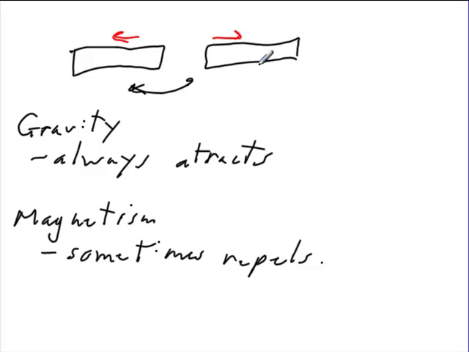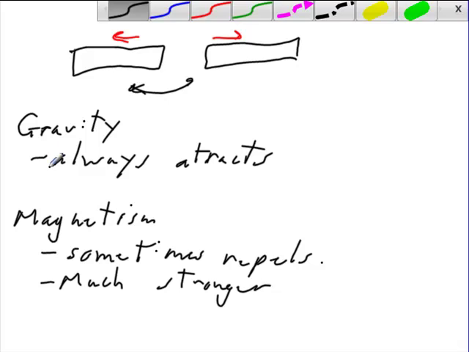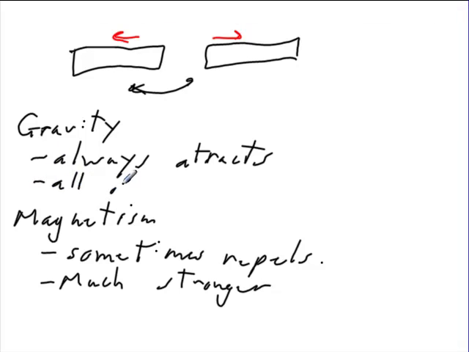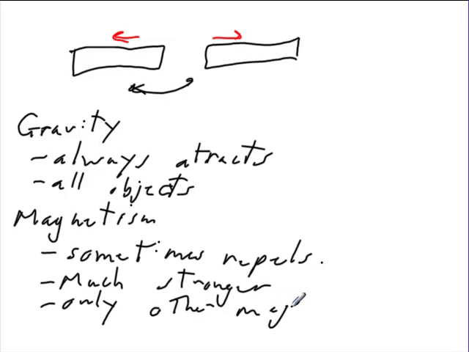So it's much stronger. All right. Also, gravity acts on all objects, whereas magnets only act on other magnets and certain metals.